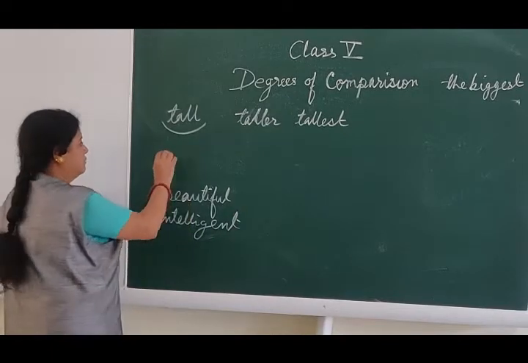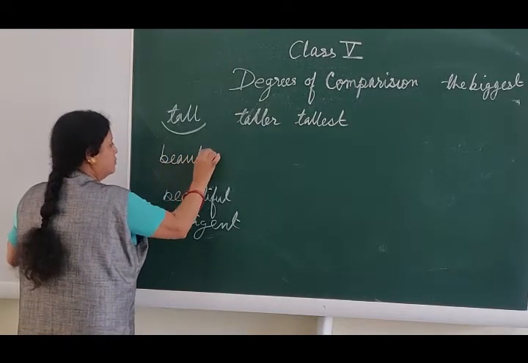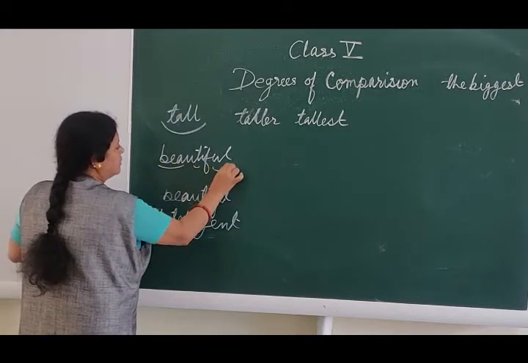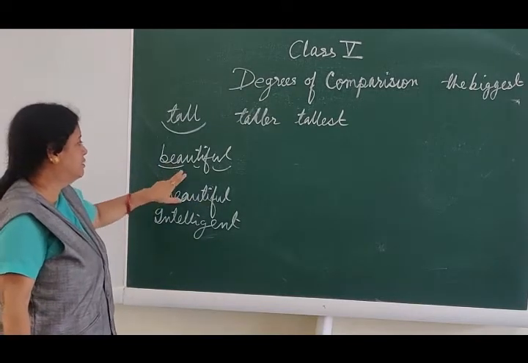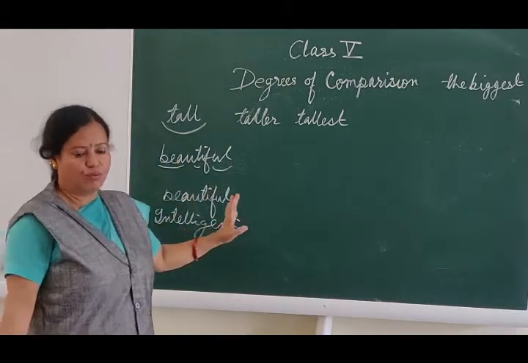Now suppose the word has 2 or more syllables. Suppose beautiful. Beautiful has 3 syllables. You can see the vowel sounds here. Vowels, do you remember?